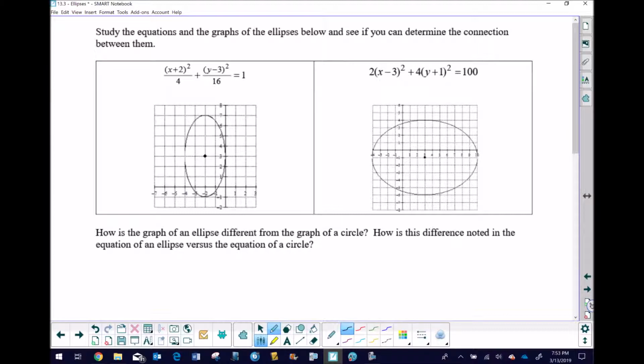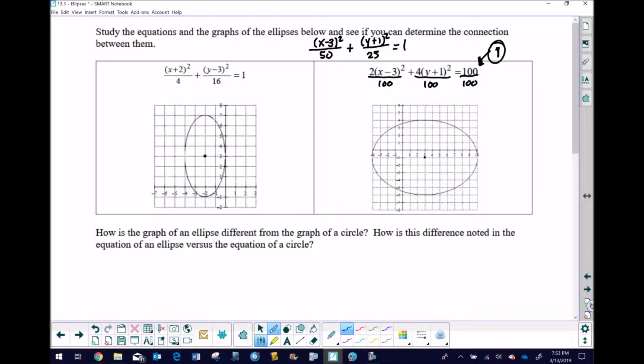You don't want to divide by 4, you're going to divide by 100. Apologize for that, I was thinking about something completely different. Yes, we want to divide by 100 because, again, our goal is to achieve a 1 in that spot. I'm going to write that information up above because I am running out of room. So you'd have (x - 3) squared over 50 plus (y + 1) squared over 25 equal to 1.